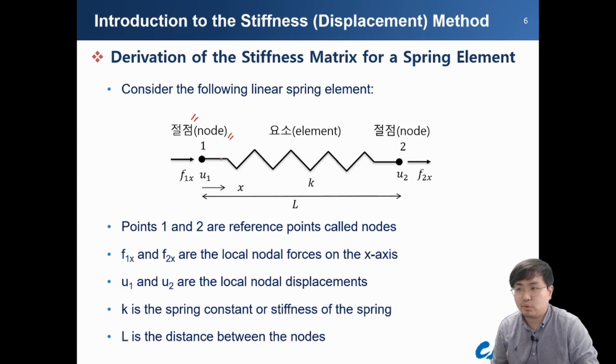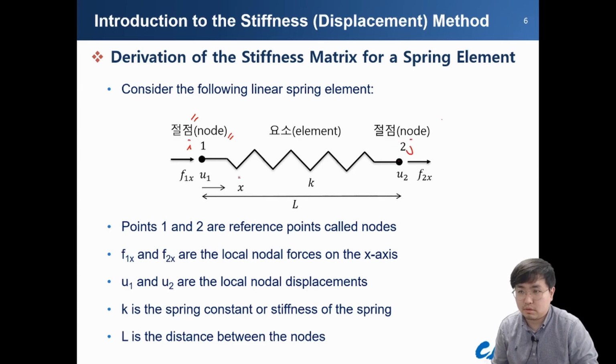The first term is node. A node is a point at each element. In the spring element we have two node points. First we can use index 1, second one index 2, or some textbooks use I or J notation.